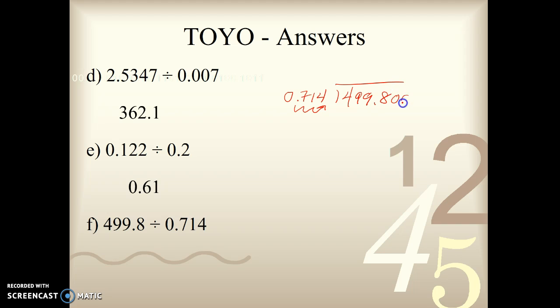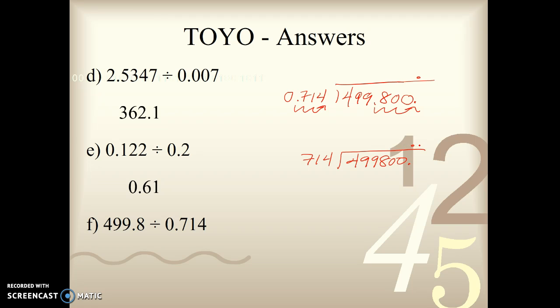So we're going to need to do the same in the dividend. So let's add some zeros there. Okay, then that third step is to put the decimal place up in the quotient. So let's actually rewrite this one as well because it's getting messy. So we have 499,800 divided by 714. Good times.